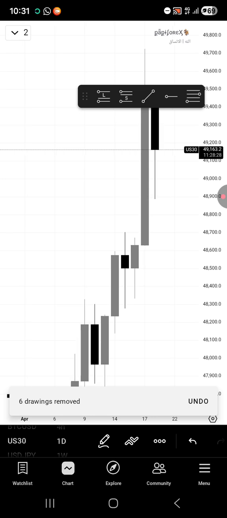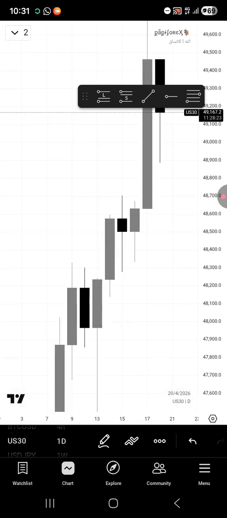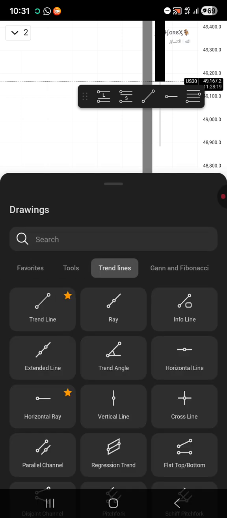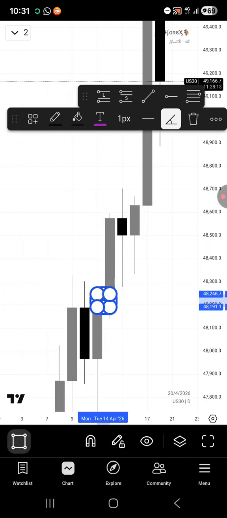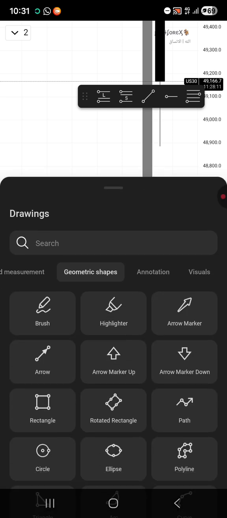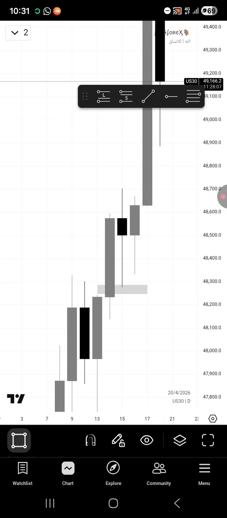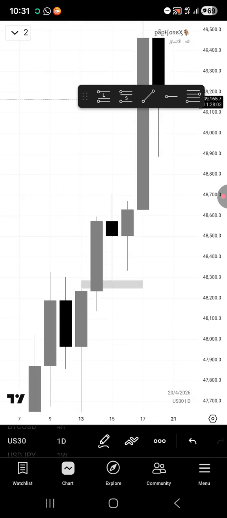So now you can see at this area what the price did. Is it a fair value gap? I think I can say a very small fair value gap, a very, very small one at this area. But although it is small, it is already what we call immediate rebalance.